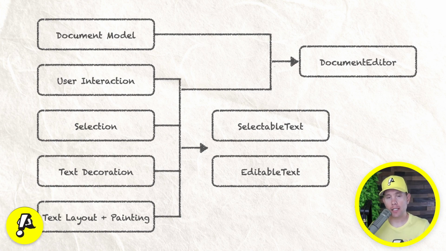Imagine that you create a document editor where multiple people can edit at the same time, where you might have multiple text selections and multiple carets at the same time. Well, if text decoration is truly its own responsibility, and if you can decorate any text however you want, it's a complete non-issue to have multiple selection rectangles and multiple carets.